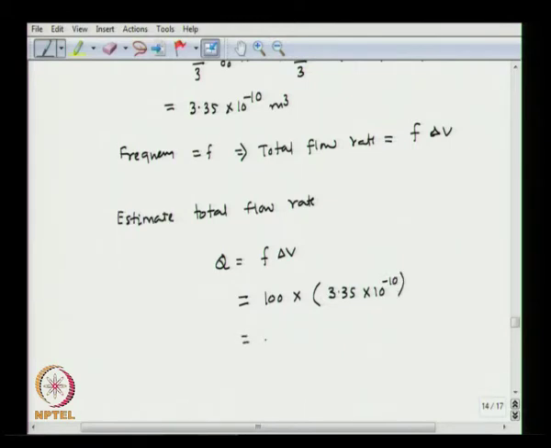So, this will be 3.35 into 10 to the minus 8 meter cube per second, which will be about 2 milliliter per minute. So, that is the flow rate that the pump can deliver.